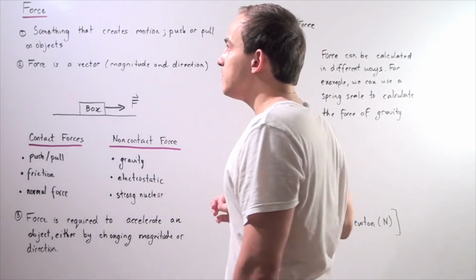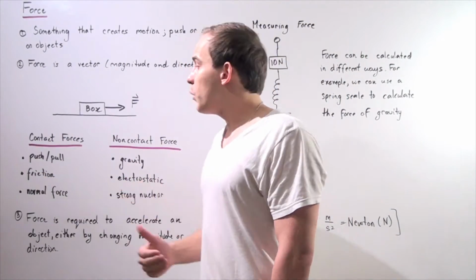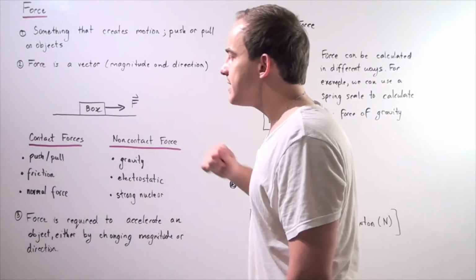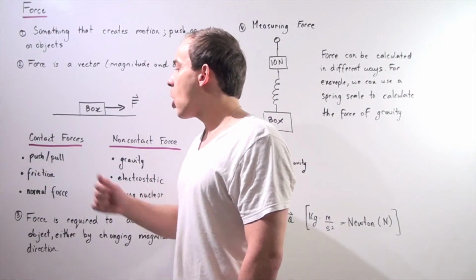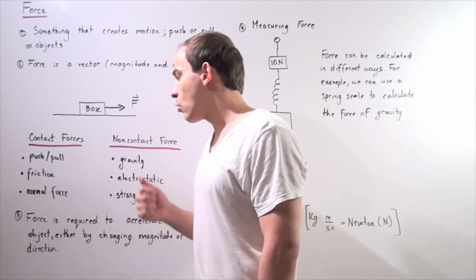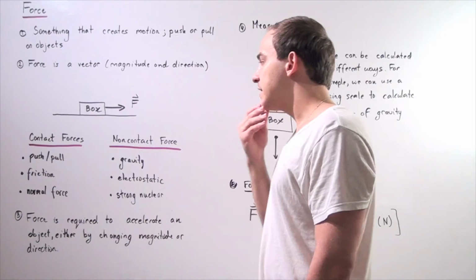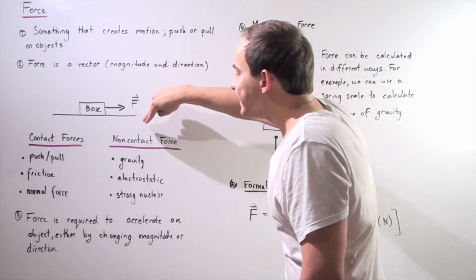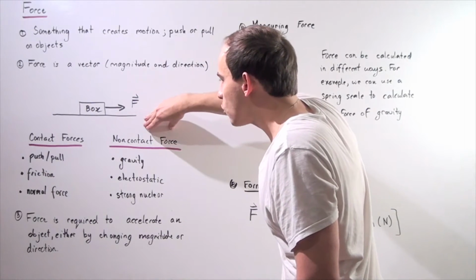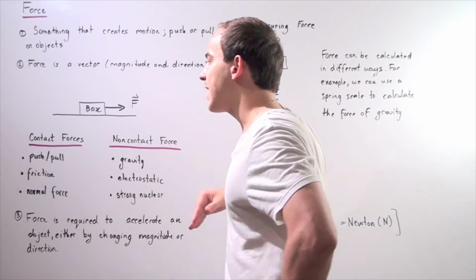Now, force can be broken down to two types. We have contact forces and non-contact forces. So, some examples of contact forces are push-pull of an object. We have friction, we have normal force, we have tension, and things of that nature. What about non-contact forces? Well, before we talk about non-contact forces, let's go back to contact.